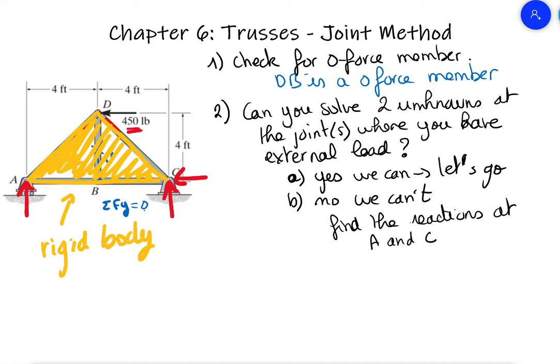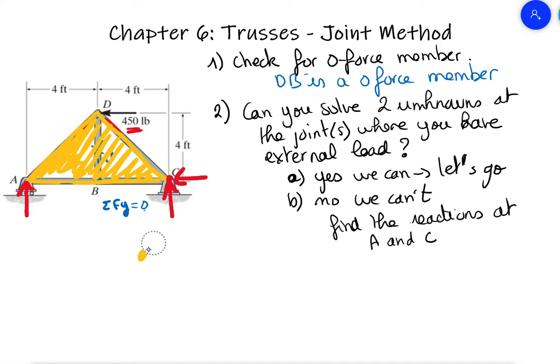With the rigid body equations of equilibrium, we have three equations: force on X, force on Y, and a moment. So we will use the moment about C to find NA. After that, the force on X to find CX and the force on Y to find CY. But it's only if you cannot begin to solve with your joint D. That is not our case.